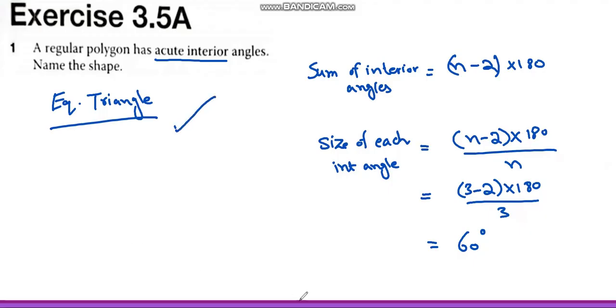Let's proceed to the next question. In question number 2, the diagram shows a part of a regular polygon, and each interior angle is 162 degrees, and we have to calculate the number of sides of the polygon. We know the sum of interior angles equals n minus 2 times 180 degrees.